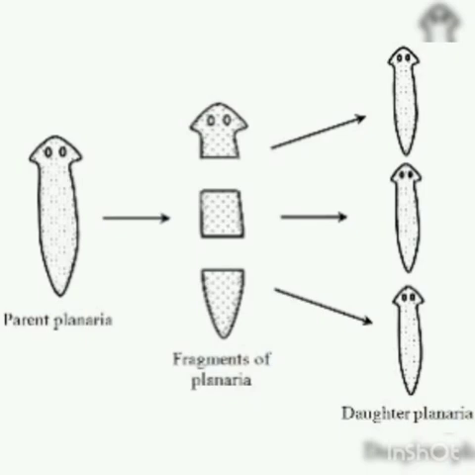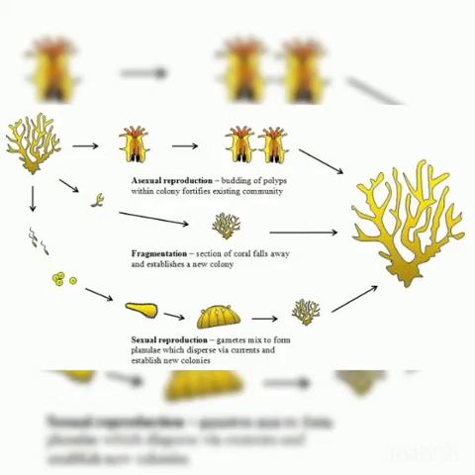Like that, the algae will break down into two or more fragments, and each fragment becomes a new individual. This process keeps on continuing, and within a short span of time we'll get lots and lots of algae.